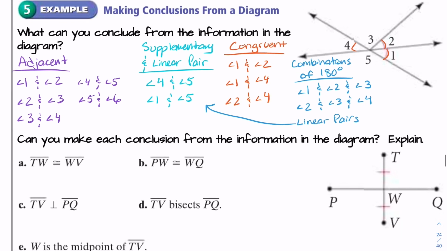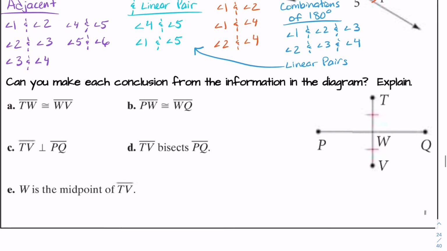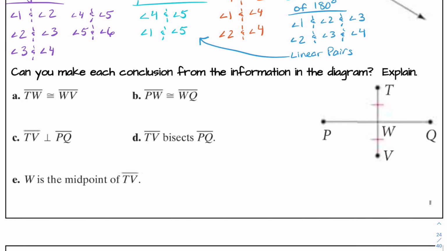All right. Okay, can you make the conclusions from the information in the diagram? Explain. TW is congruent to WV. The answer to this one is yes, because we have tick marks, congruent marks. Now let's look at PW and WQ.